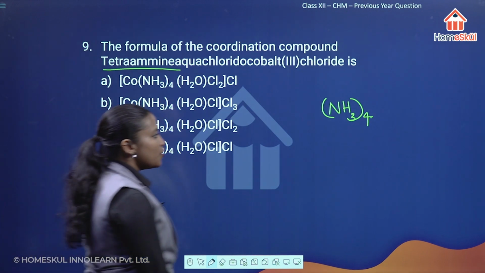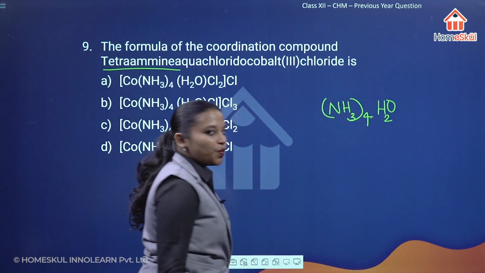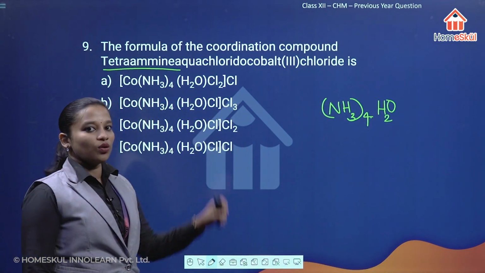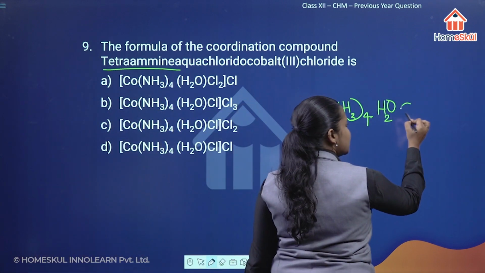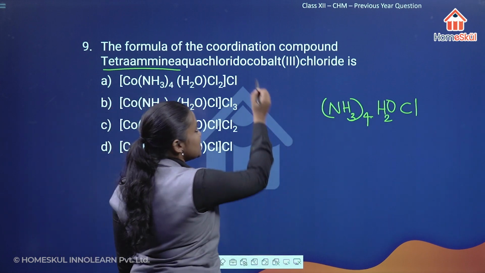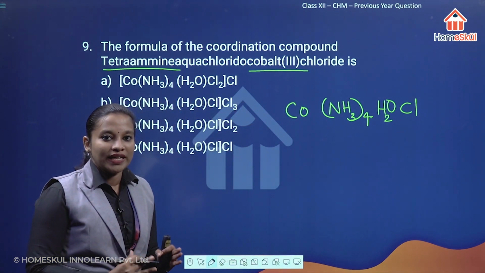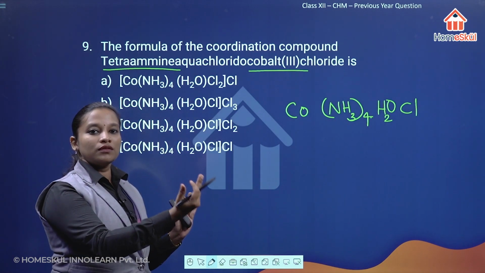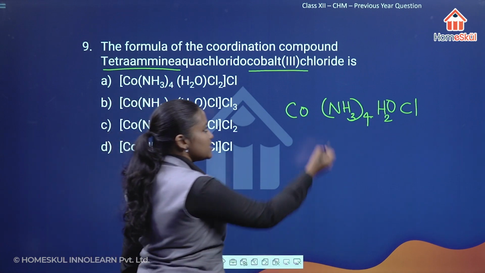Then aqua, chlorido. There is a presence of H2O. The next ligand is H2O. And then chlorido. There is a presence of a chlorine atom inside the coordination entity. And the central metal ion is cobalt. Now we have to find the number of counter ions present outside the coordination entity, that is chloride.